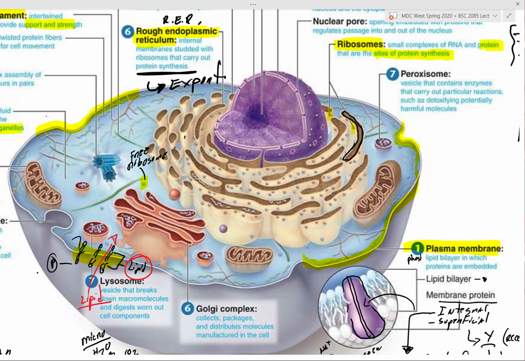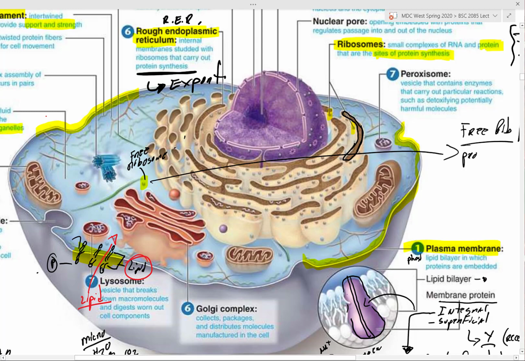The main difference is, what is the function of the free ribosomes versus the rough ER? So I'm going to put them here. Free ribosomes, what is the main function? What is the function of the ribosome, regardless whether free or bound? To synthesize protein, right?